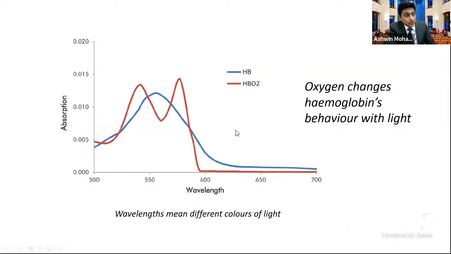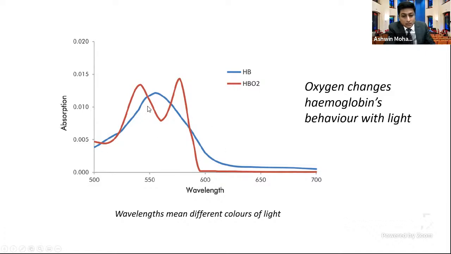So this is a very interesting graph. We can see two lines here. One is a red line and one is a blue line. This basically shows us how much light is absorbed by the hemoglobin at different colors of light. The red line shows how much light is absorbed by oxygenated hemoglobin. The blue line shows how much light is absorbed by deoxygenated hemoglobin.